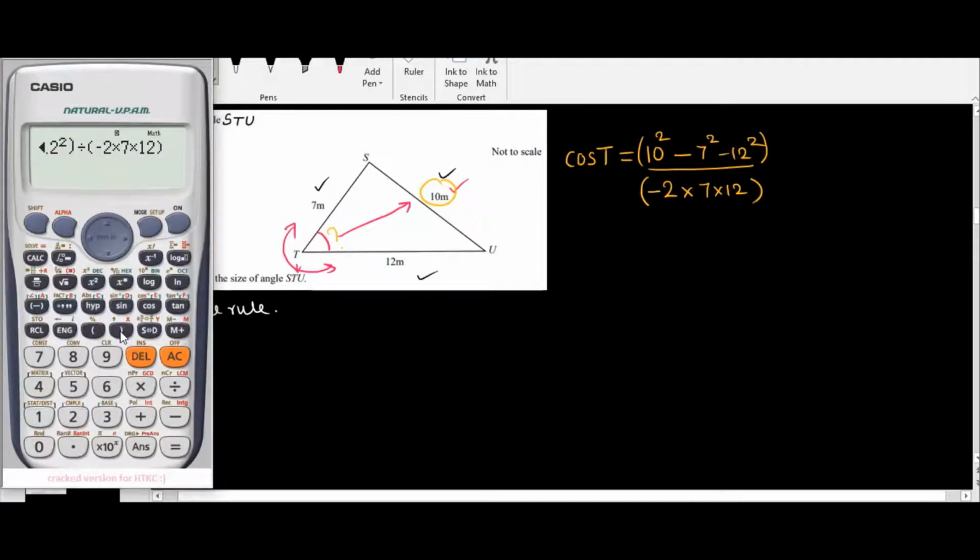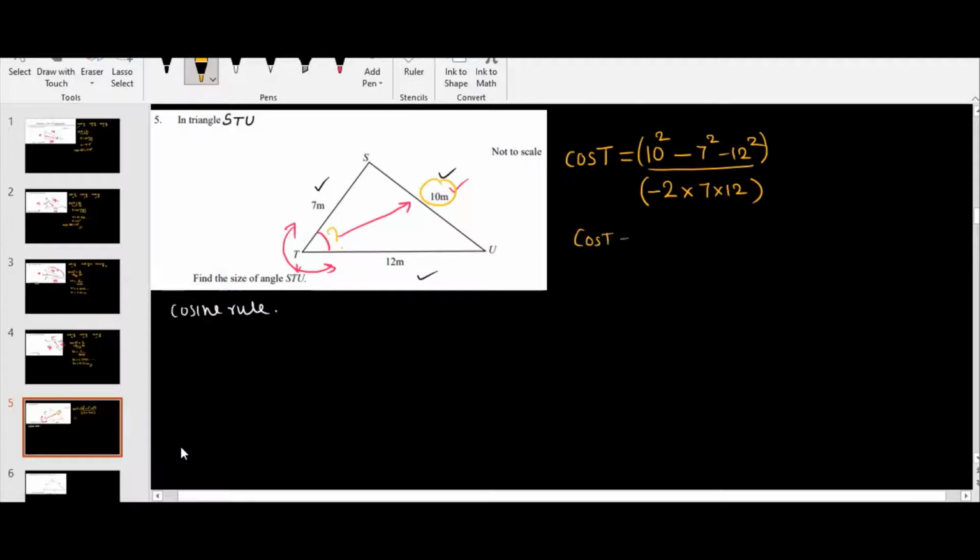If you use the brackets properly, you should get the correct answer: 31 by 56. So cos T equals 31 by 56.